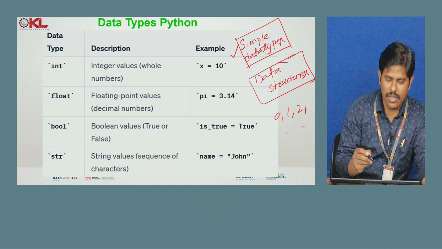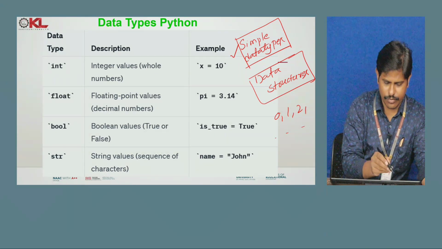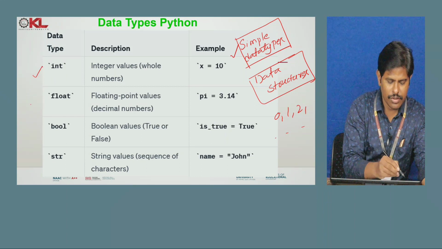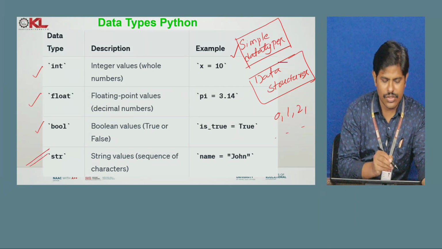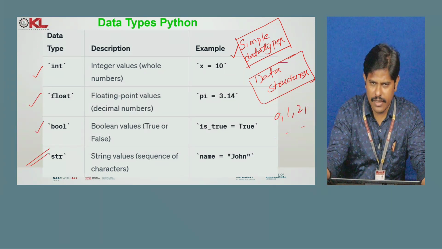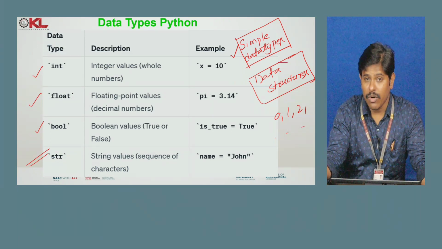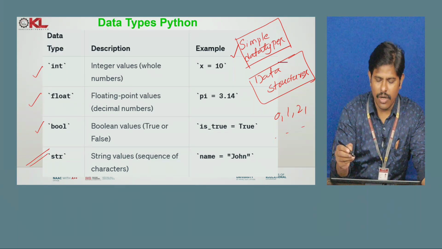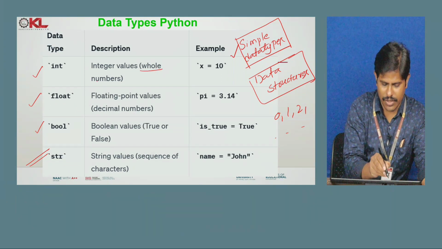So simple data types, in a majority of programming languages, are integers, floating points, booleans, and strings. Integer values are like 10, minus 1, minus 2, minus 9, 1 million, 1 billion. All these are considered integers. Simply we can say the whole numbers.